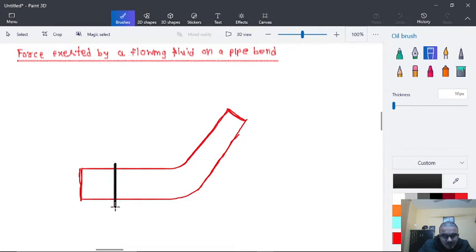The first section will be taken here and the second section here.